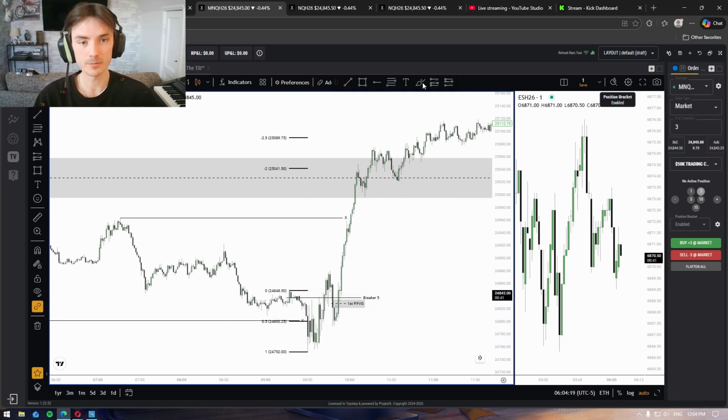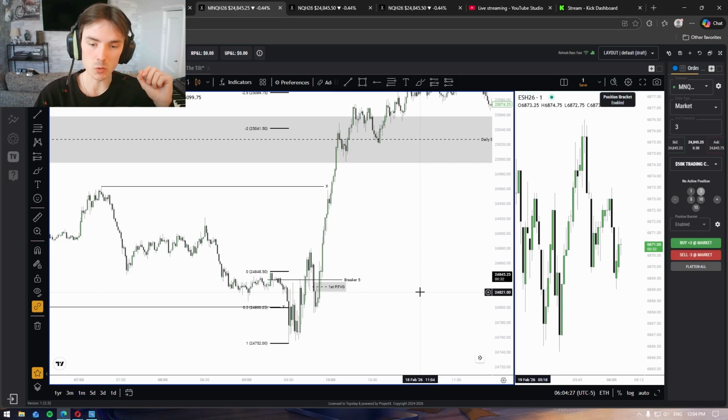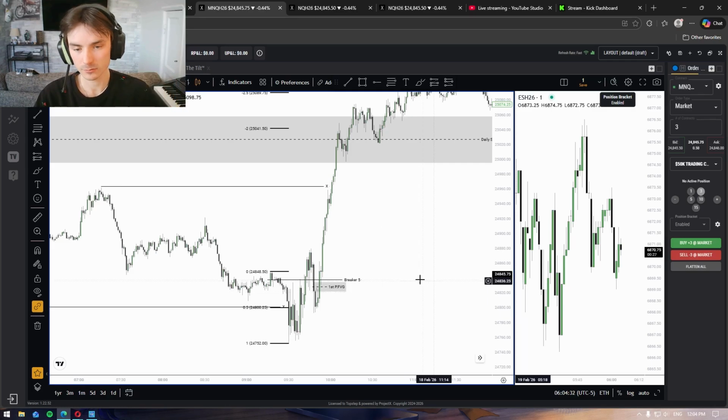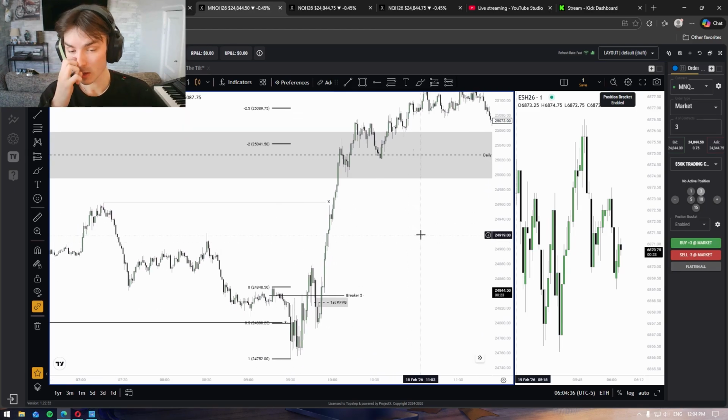And as you can see, price comes back to the 0.7, 0.5 level, which I've noticed price tends to do a lot before it flies in the direction where it wants to go.